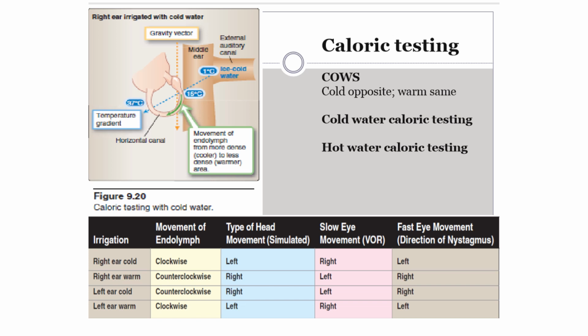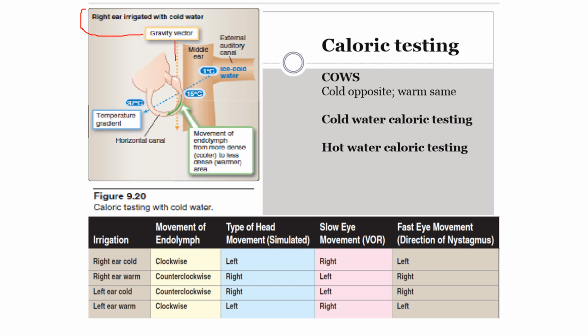Caloric testing. So remember our mnemonic COWS, the cold opposite, warm same. So cold water caloric versus hot water or warm water, you don't want to burn them. Warm water caloric testing. So what's going on here? We see this right ear being irrigated with cold water here.